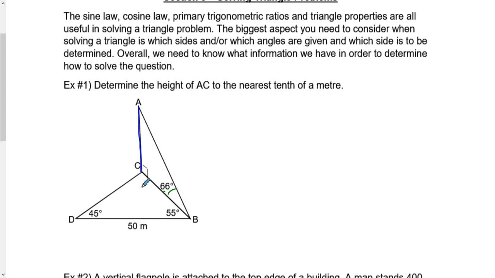What we need to do is calculate what this angle is first, and then calculate what this side is before we can finally calculate what this side is. So when I calculate this one, it's pretty nice and basic. We have a triangle down here.